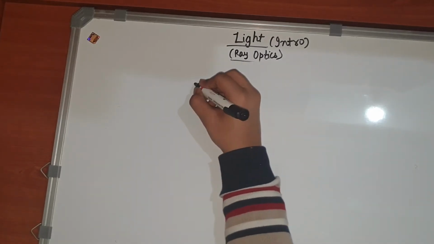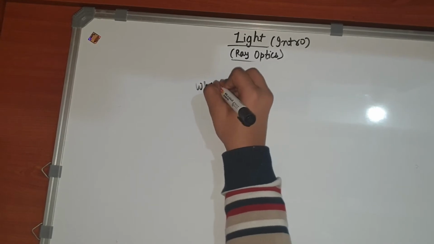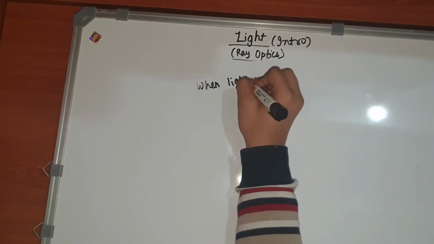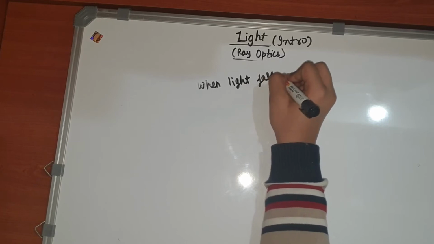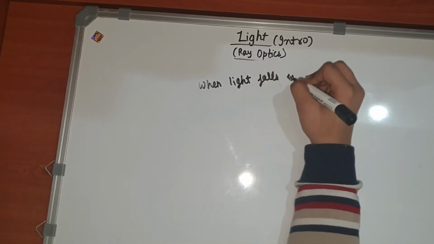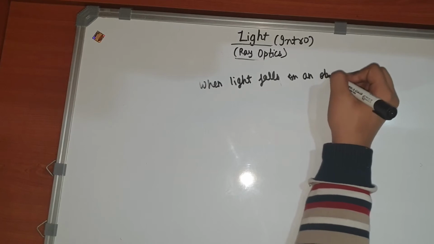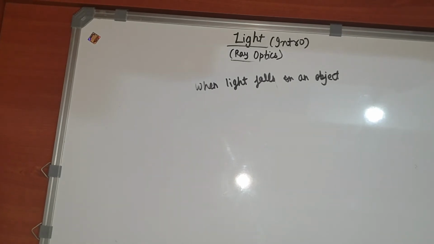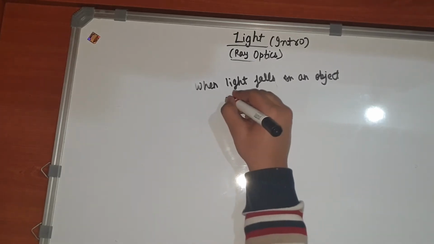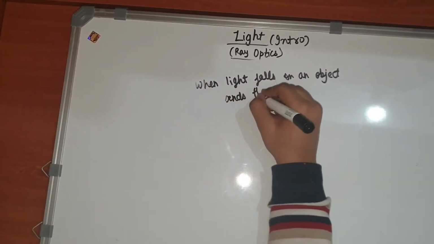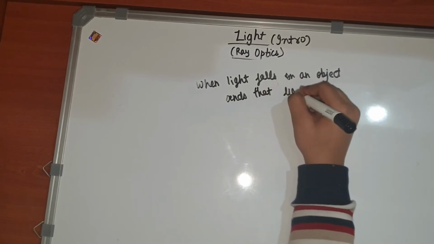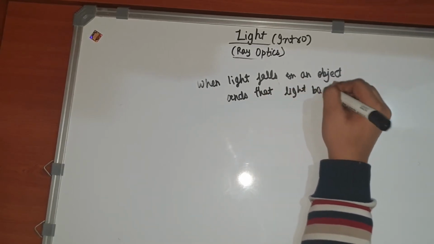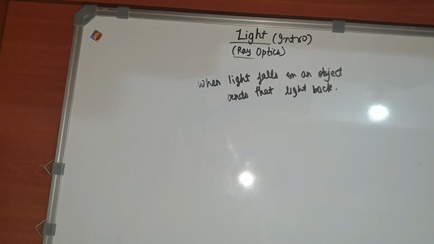So when a light ray falls on an object, that object sends that light ray back. This phenomenon is known as reflection.